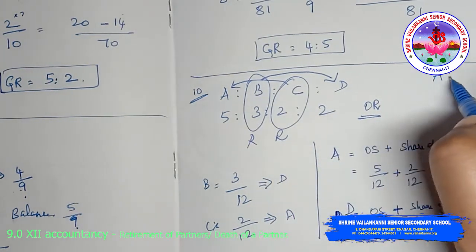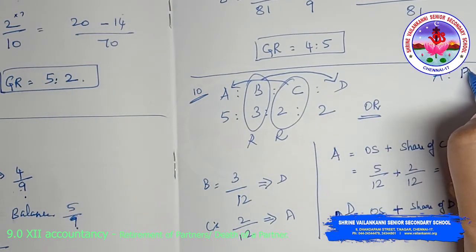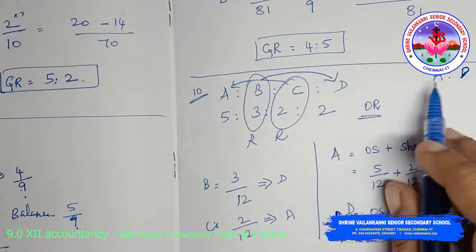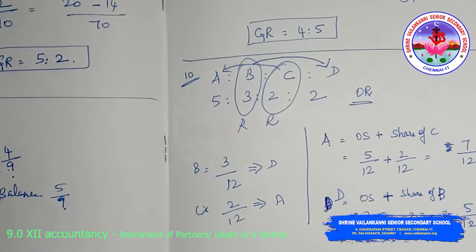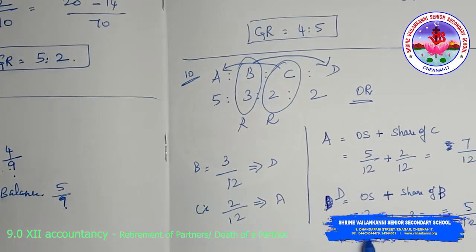So who are retaining? A and D. So D's old share is 2 by 12 plus share of B, that is 3 by 12. So it comes to 5 by 12. I hope that this is clear.